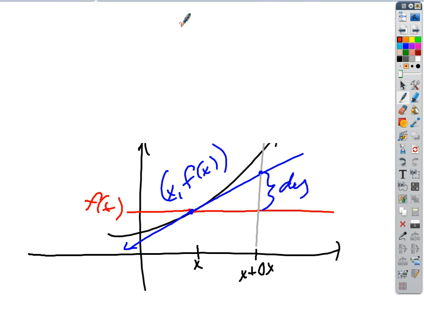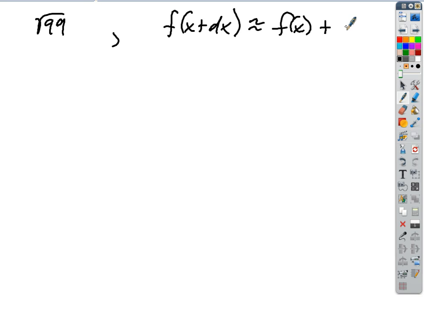We're trying to find the square root of 99, and we're just going to use our approximation: f of x plus dx is approximately equal to f of x plus dy. The square root of 99 looks like the square root of 100, which we know, minus 1. So what's f of x for us?